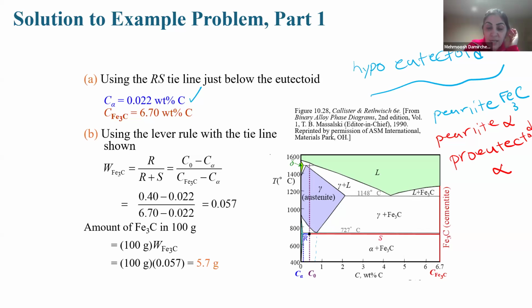How can we use the lever rule? Cementite is here. Which side far from the cementite is R? So R over R plus S, it should be this. If I want it as a percentage, multiplying by 100%, it should be 5.7%. 5.7% of 100 grams means we have 5.7 grams cementite.